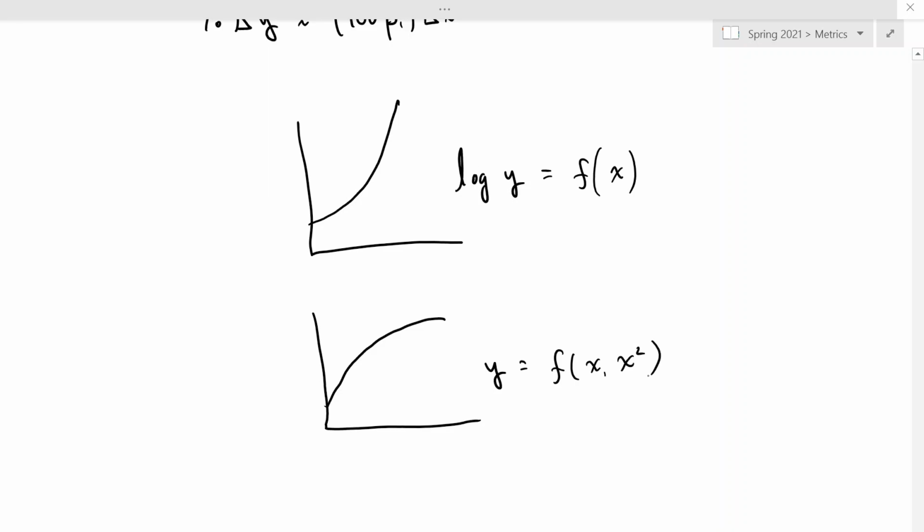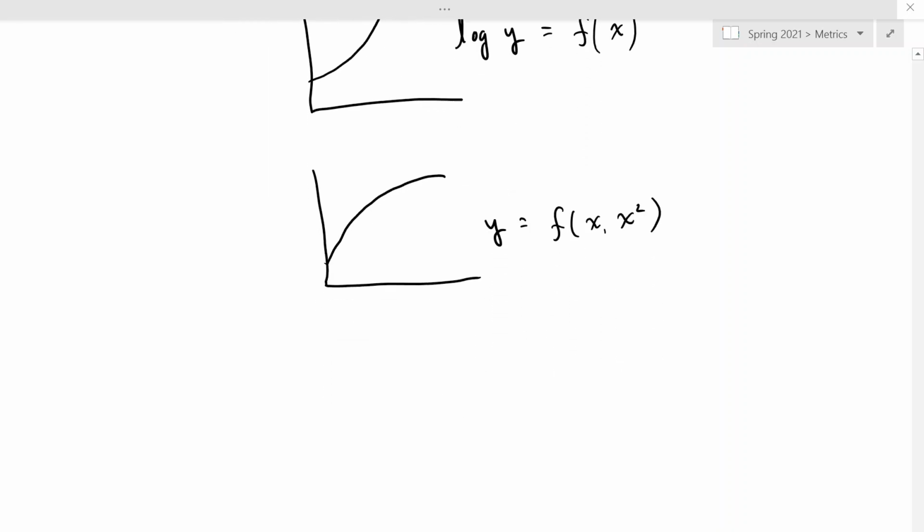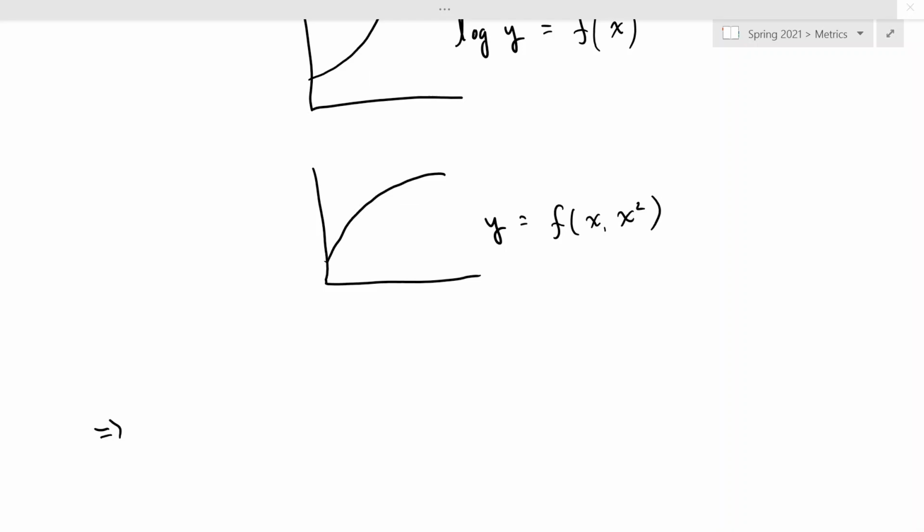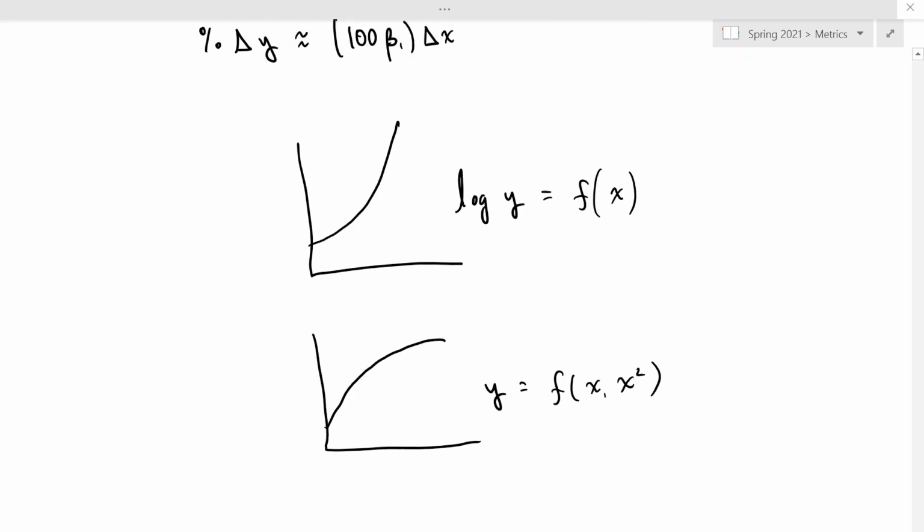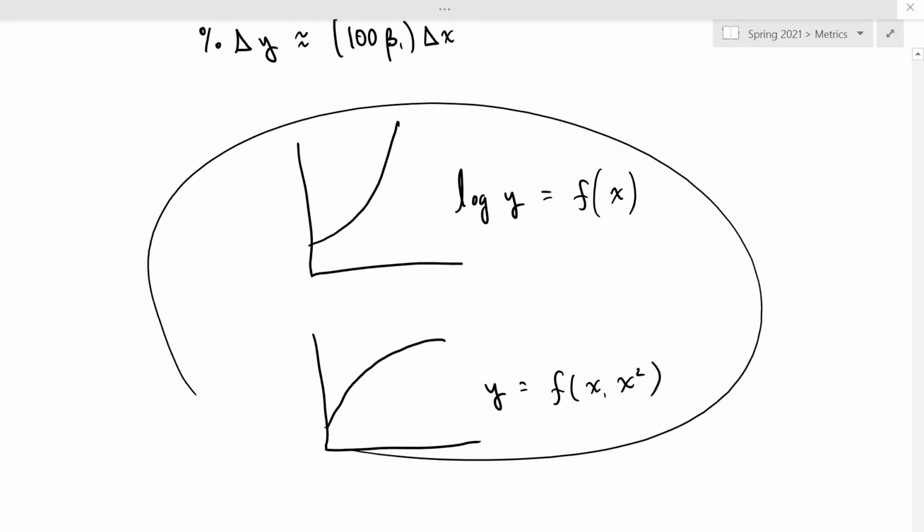So we have the x squared term in there. And then finally, in the last video for this series, we're going to do one final model, which is going to be called the log-log model. And so these are the possible relationships here.